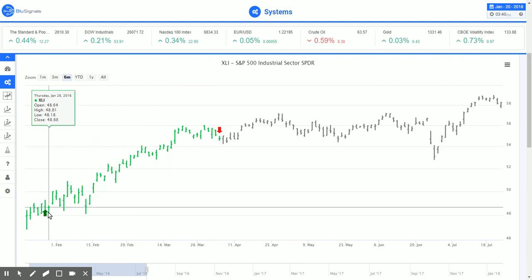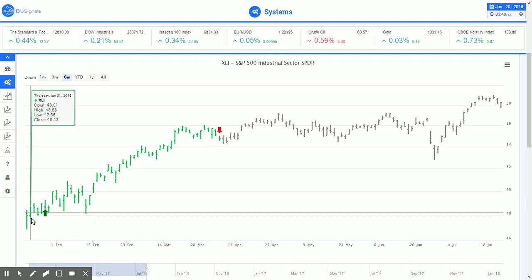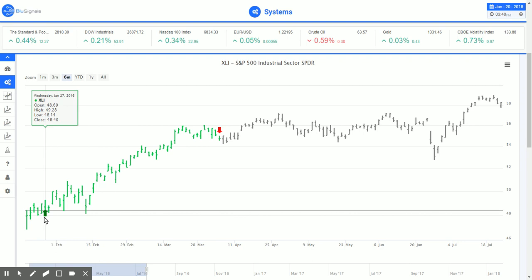Here, the XLI had a buy signal. Now, unfortunately, we have a data cutoff here, but one thing that you can see, and perhaps you've noticed, is that there were green bars leading into this buy signal.